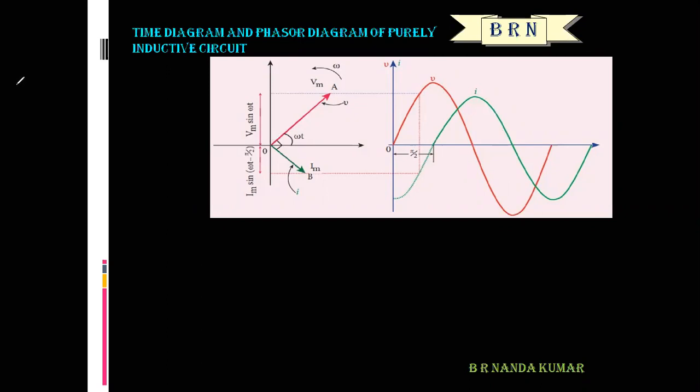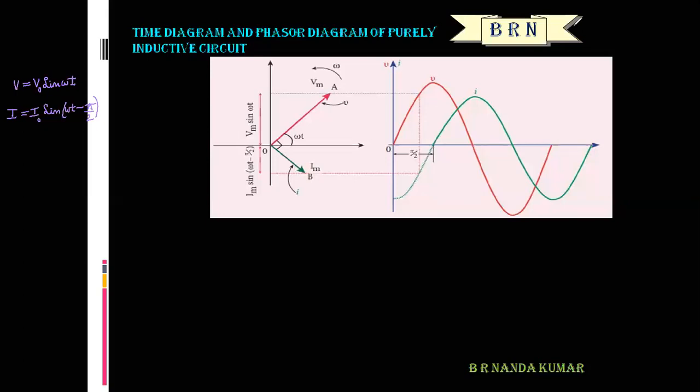The mathematical expression for instantaneous voltage is V equal to V naught sine omega t, and instantaneous current is I equal to I naught sine of omega t minus pi by 2. This is the expression for instantaneous current flowing through a purely inductive circuit.